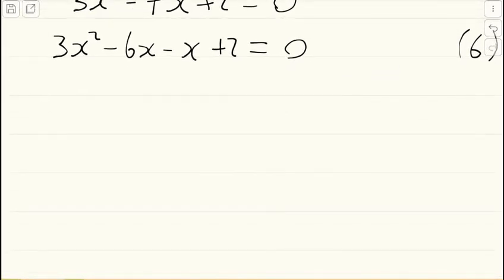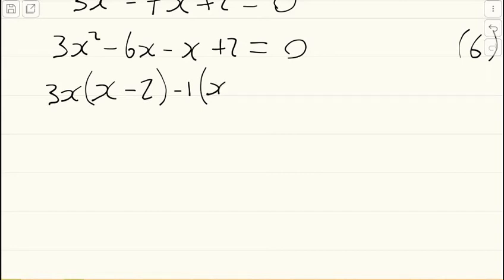And then factorizing each bit, I get 3x multiplied by x minus 2. And then I take away 1, and I have x minus 2 again. The minus 1 and the minus 2 multiply to give you the plus 2, which gives you 0.